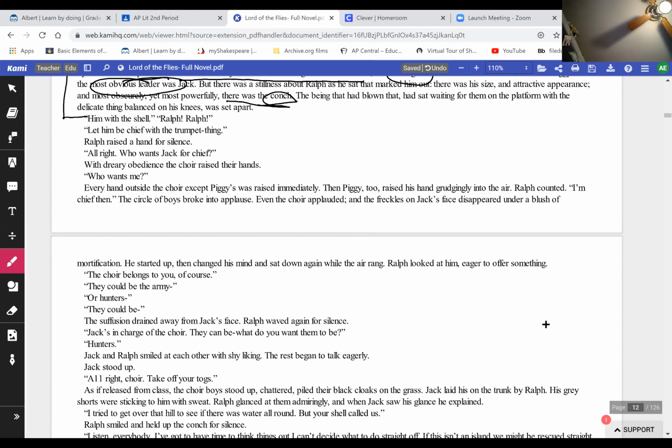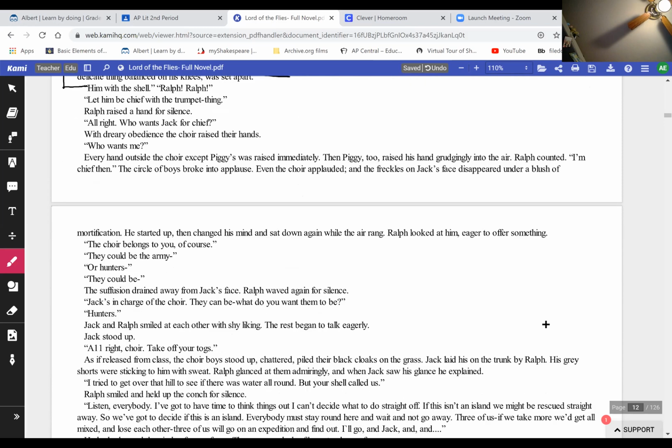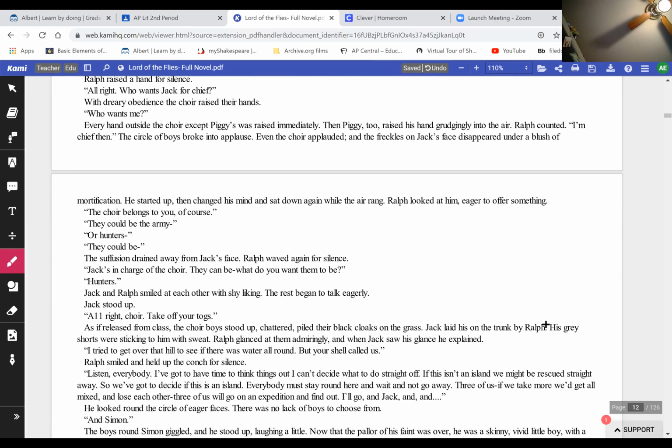Then, the first decision that Ralph makes is a bad one. First thing he does, right here, is he puts Jack in charge. Now, when you're in charge, putting somebody else in charge of another group is a really bad idea. Especially somebody who doesn't know Jack.